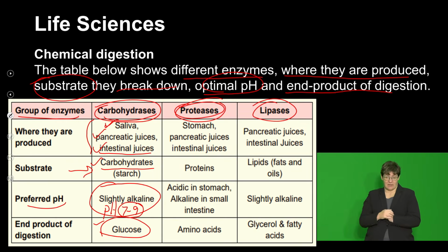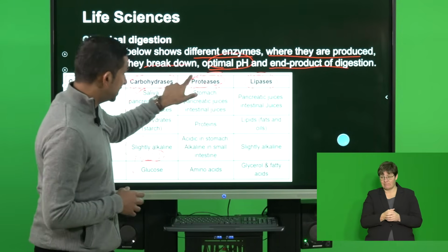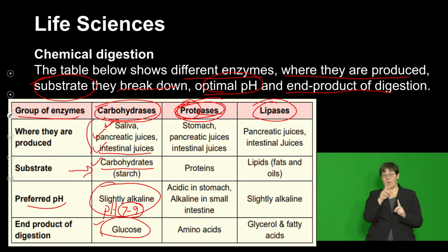Proteins are broken down by a group of enzymes called proteases. Again, remember that the suffix -ase often refers to enzymes that assist in breaking down. So proteases target proteins. The first process of protein digestion starts in the stomach, where the churning of the food with the gastric juices produces chyme.